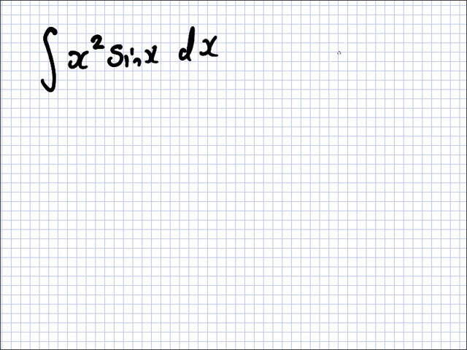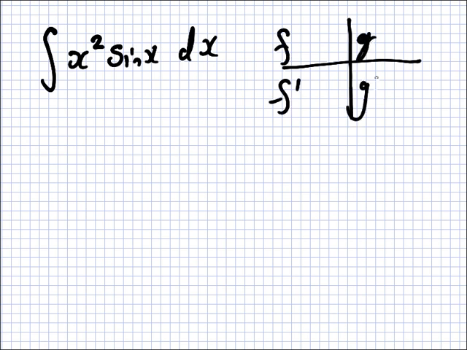So look, here's a slightly harder one now. Very similar, but a little bit harder. I want to integrate x squared sin x dx. Okay, so let's make our table again. f derivative, g derivative. Okay, so what's f? x squared.